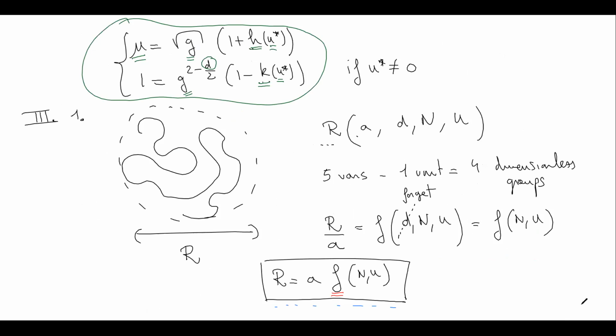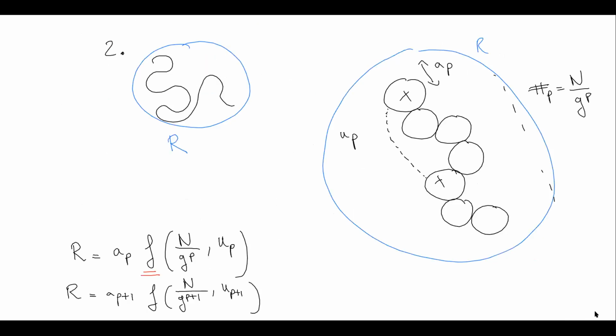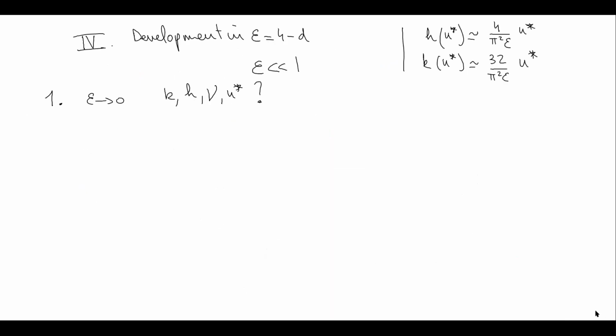So when we look at this equation, the one saying that 1 is equal to G to the 2 minus D over 2, I can rewrite it on our screen here. 1 in the fixed point limit is given by G to the 2 minus D over 2 in factor of 1 minus K of U star. Now we are taking the limit epsilon tends to 0.